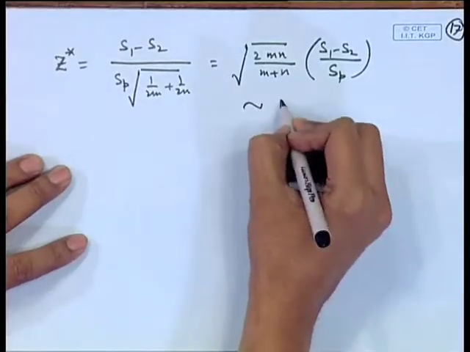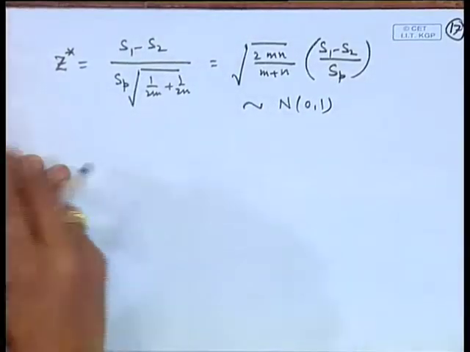So, this is approximately normal 0, 1, because we are making the assumption that m and n are large.